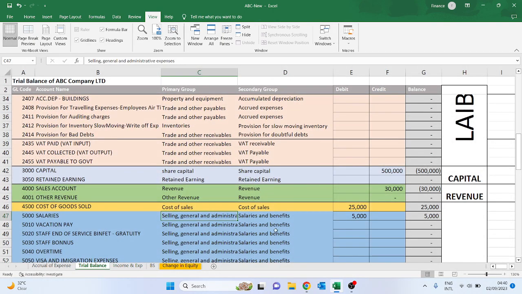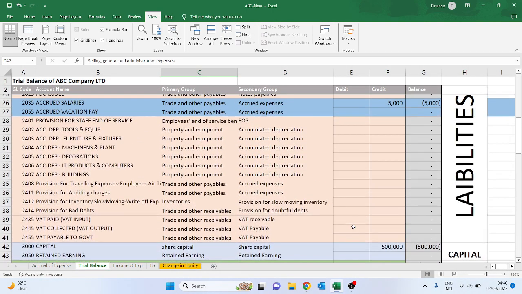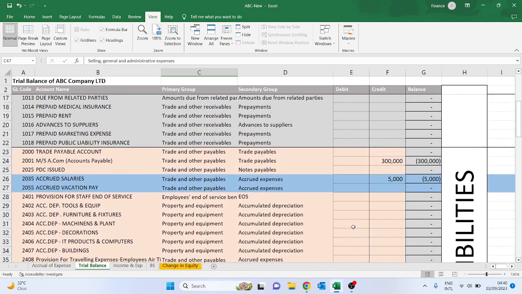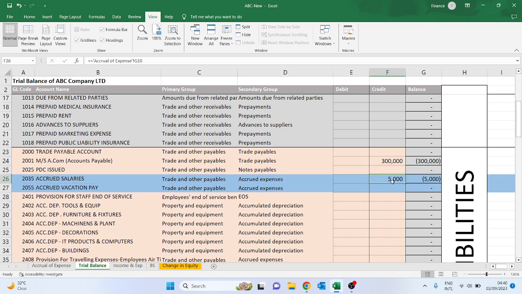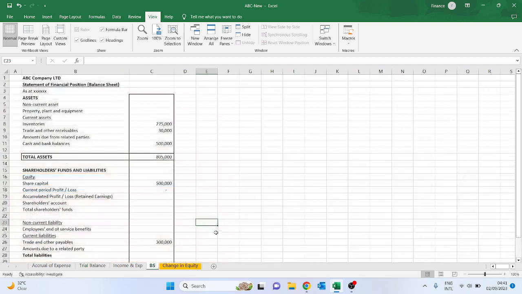Now the next part also we need to reflect in the concerned financial statement. Here this is accrued expenses, this is a balance sheet item, and it is a liability. So we need to book this 5,000 into the balance sheet. Here is the balance sheet, this is a credit amount.